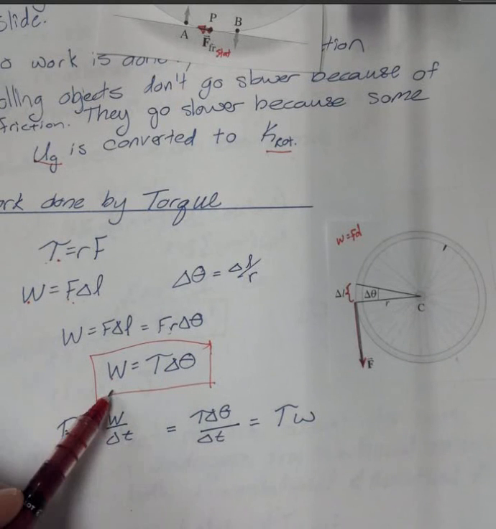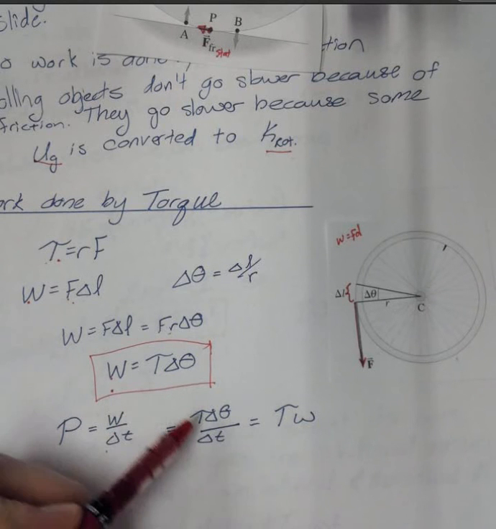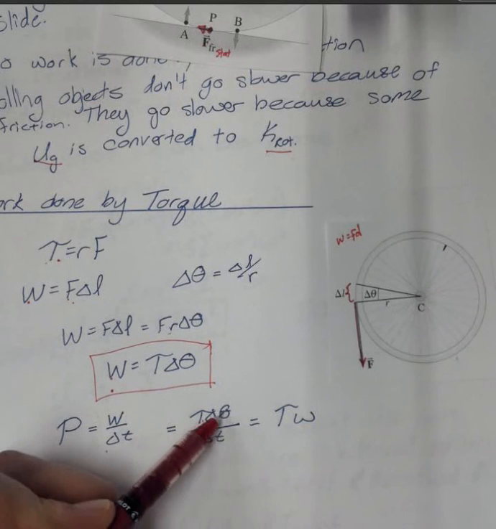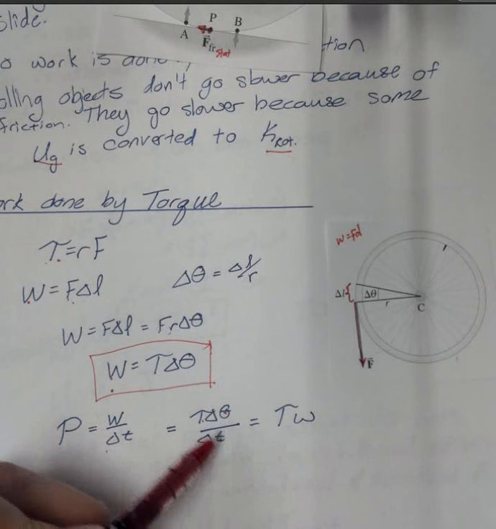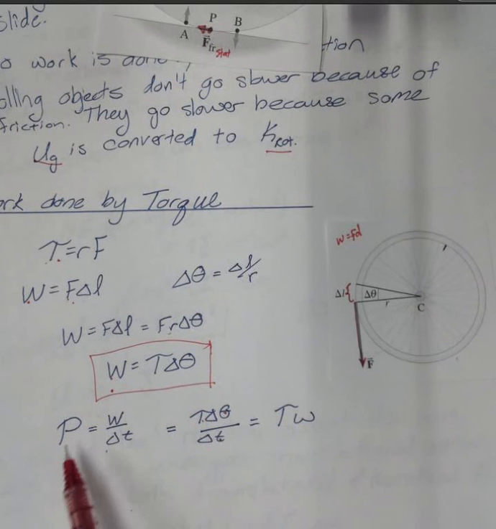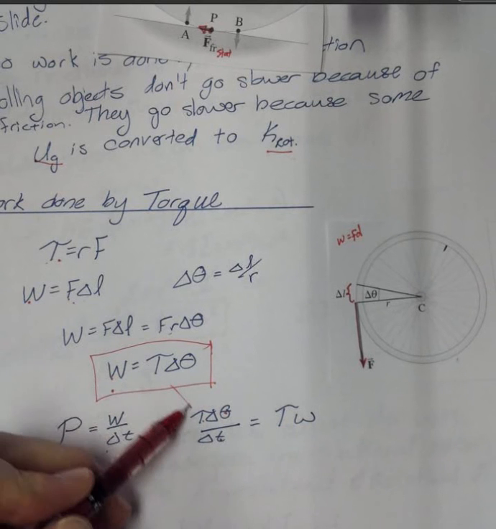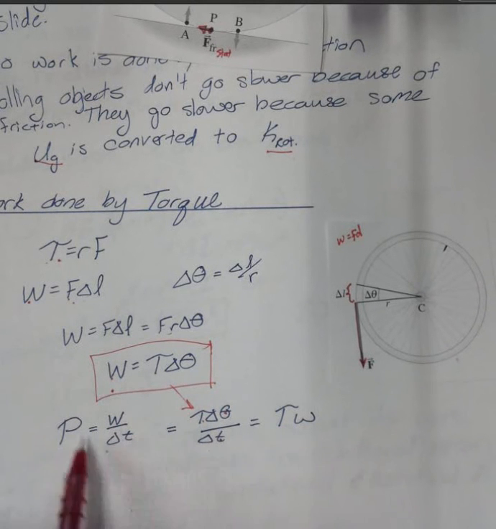And if this is work and power is work over time, then power is also torque times change in displacement divided by time. And change in displacement over time would be the rotational velocity. So that means that power is work over time, or that power equals torque times angular velocity.